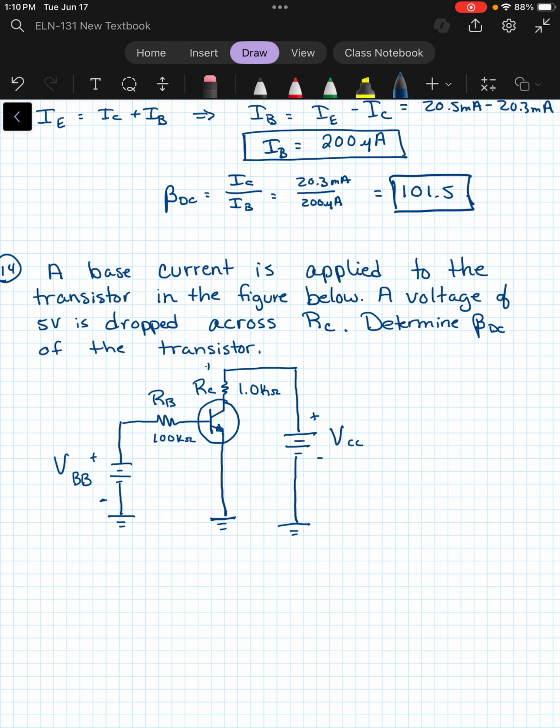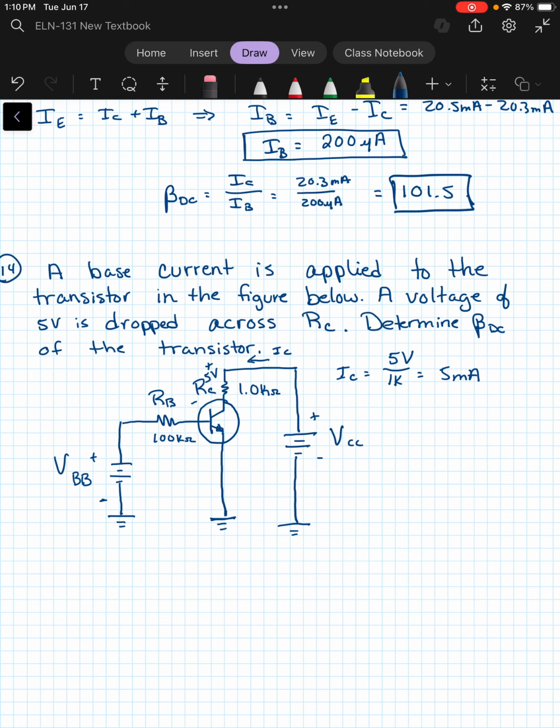So what they're telling us is we have 5 volts that drops across our 1K ohm resistor. So that's essentially giving us our collector current, IC. So IC is going to be the voltage drop across RC divided by RC. So that would be 5 milliamps there.